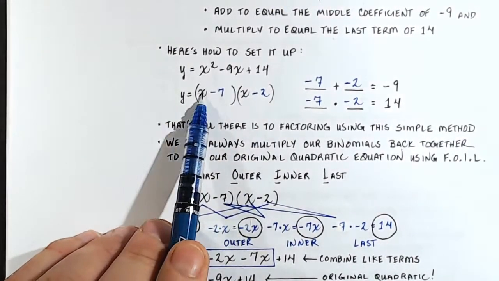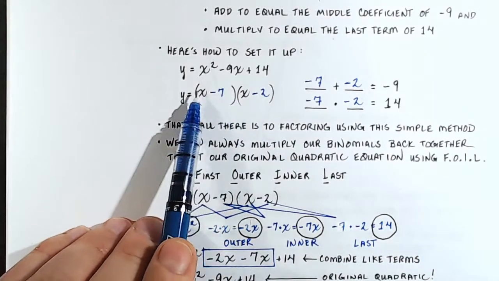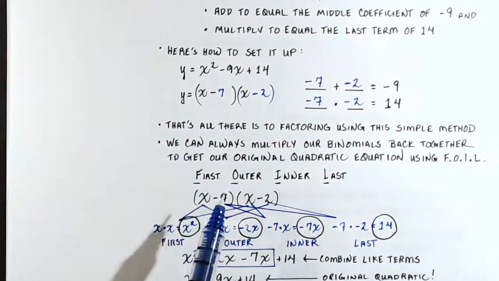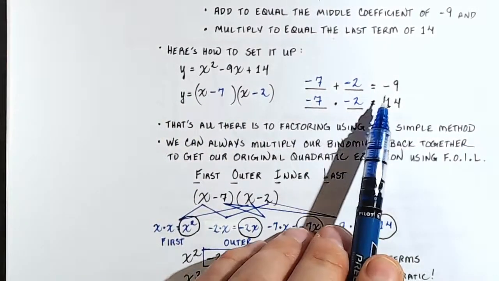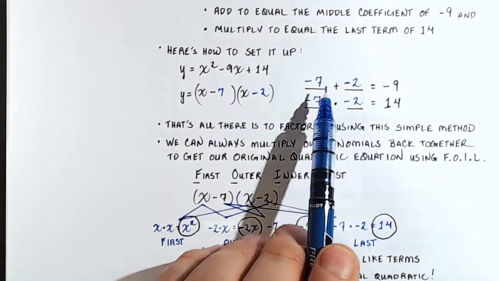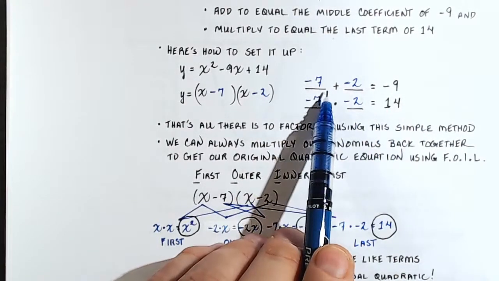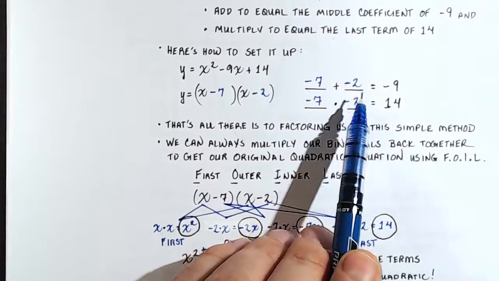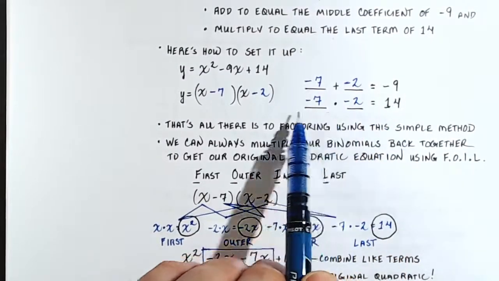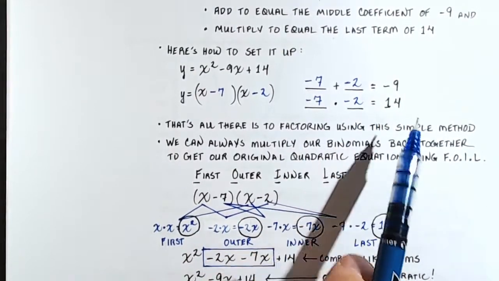I'm going to put an x in each one on the left side, and then I'll create this little table. I want to fill in this little table: a line, a plus sign, then a line equals -9, and line times line equals 14.